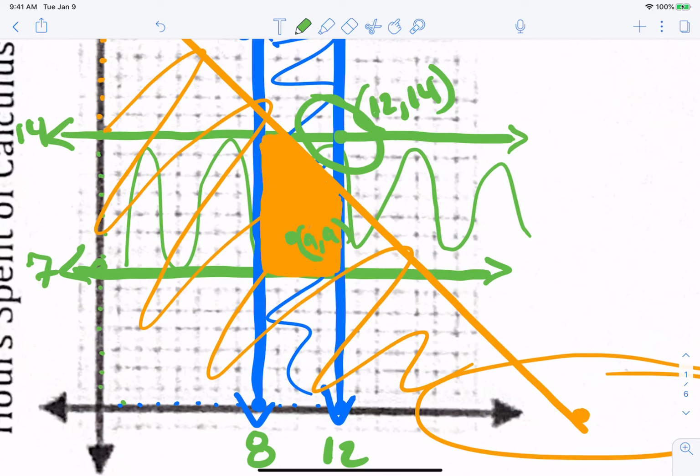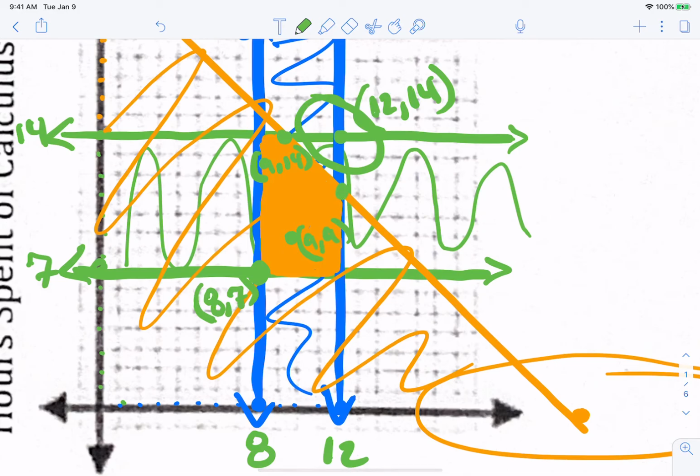The slackers, what are they gonna do? Probably 8, 7. These are the slackers. They're gonna do as little as possible. 8, comma 7. The overachievers, what are they gonna do? Like the max. 9, comma 14.